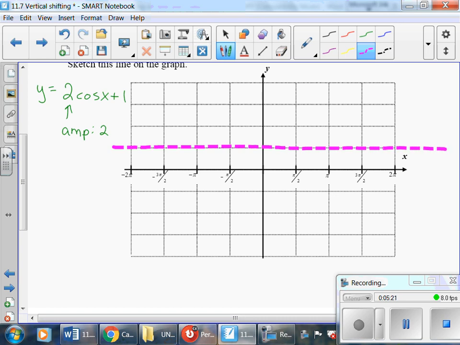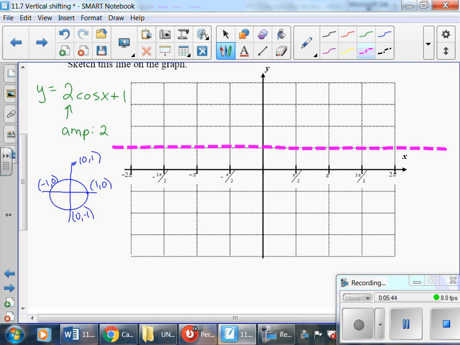All right, so keeping in mind what this is going to look like, the cosine curve normally starts at, remember, I'm going to write it down one more time. This is 1, 0. I write it down every time. This is 0, 1. This is 0, -1.